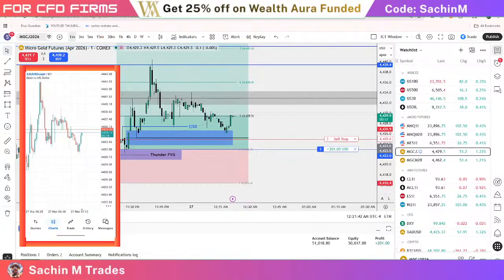Now I still want to see a body candle close of the gray shaded area, but on 5 minutes this time.